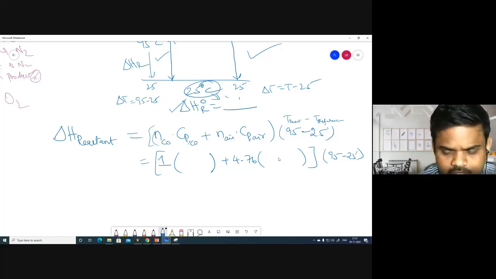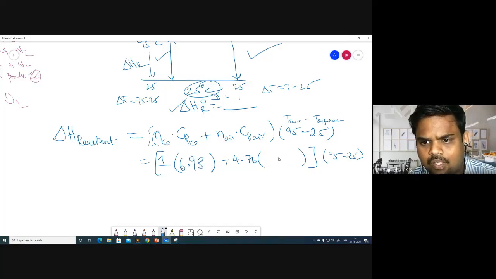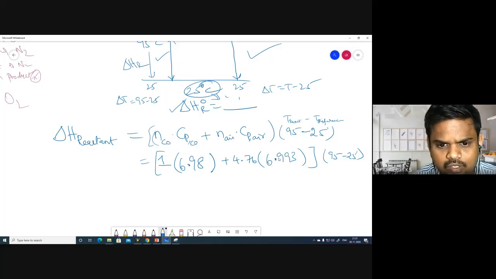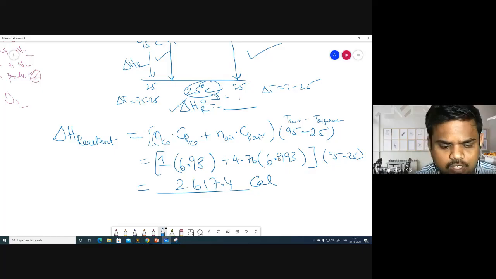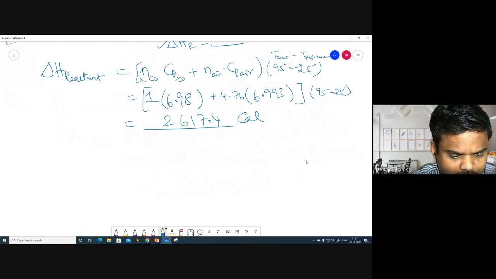Cp of CO is given as 6.98, Cp of air is given as 6.993. Substituting, you will get a value of around 2617.4 calories. Similarly, delta H of the product can be determined.